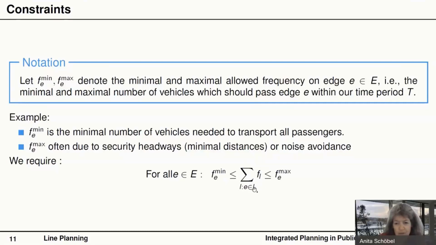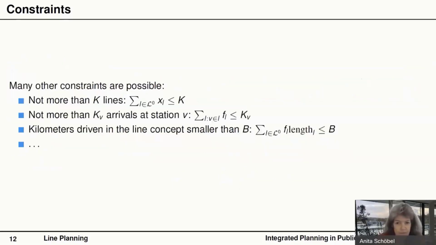Then you get the total frequency running along the edge E, and this frequency has to be between the given lower and upper bound. This is the basic feasibility constraint, which can be found more or less in all line planning models which I looked at in the literature.